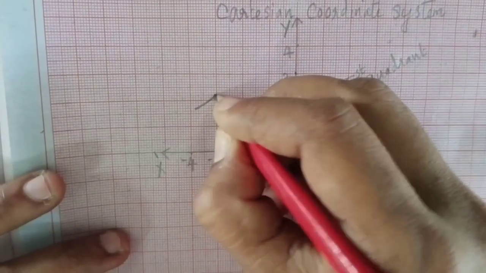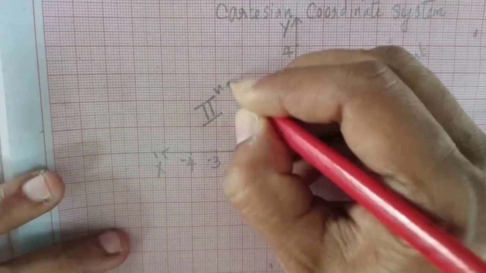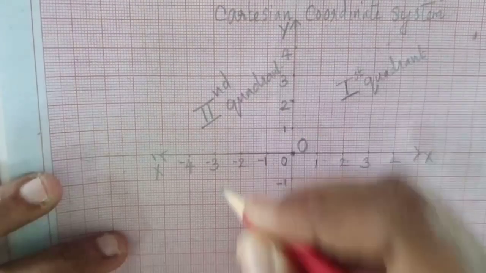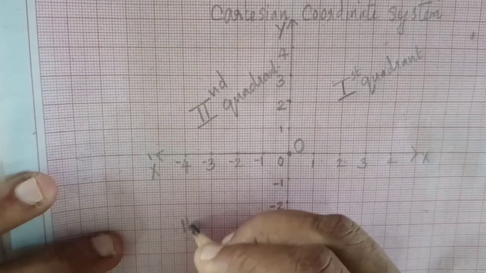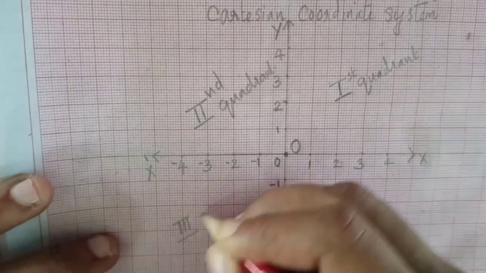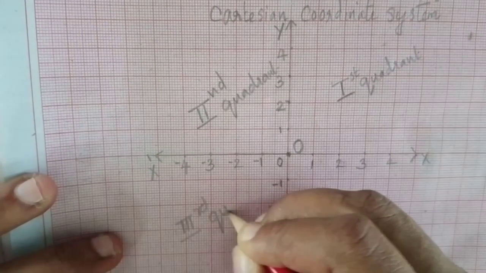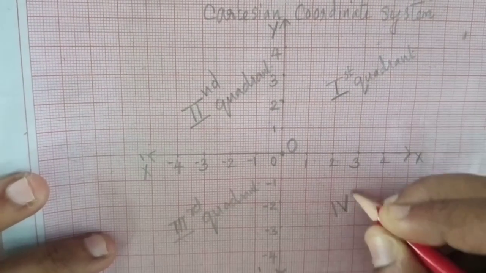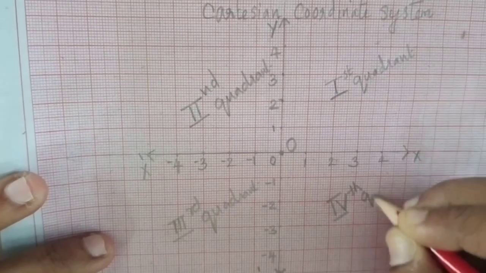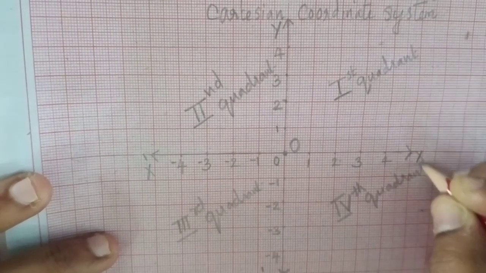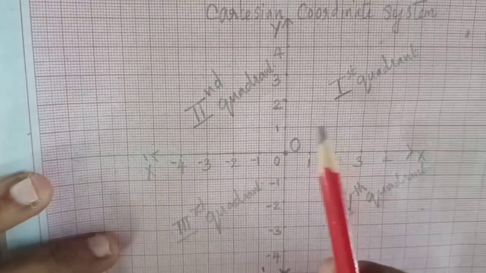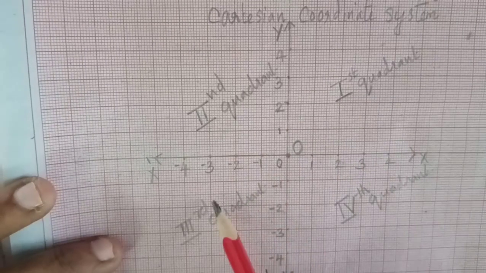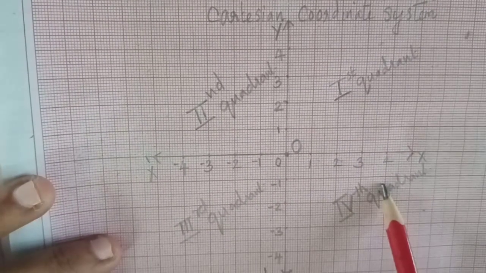This is the third quadrant, and this is the fourth quadrant. So the axes divide the plane into 4 parts: first quadrant, second quadrant, third quadrant and fourth quadrant.